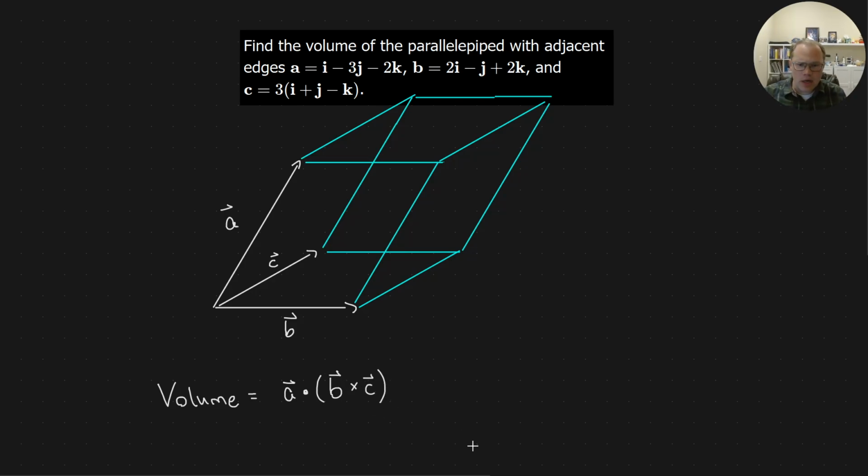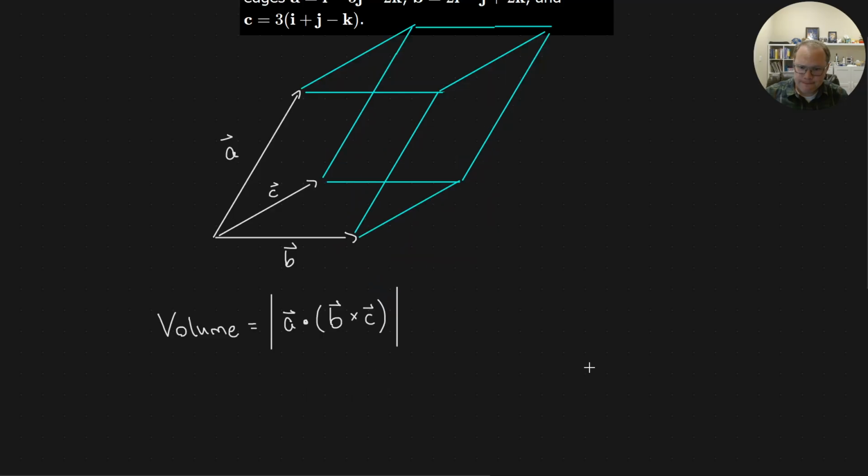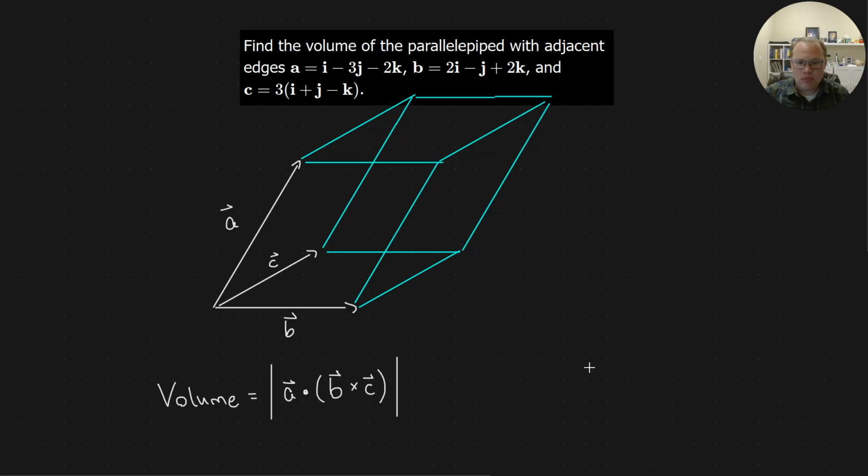Now, which one goes where isn't important. As long as you throw them in an absolute value, you'll get the same answer when you're done. Okay? So, what would we need to do first? Well, we'd have to do the cross product first, right? That's the one in the parentheses. Okay? So let's find the cross product of vector B and vector C.